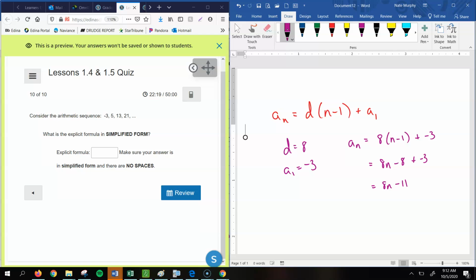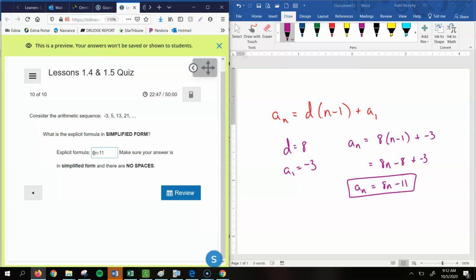Now, I apologize. This is the explicit formula. I forgot, when I was typing in this question, to have a sub n equals as part of the question there. So some of you guys wrote down answers like a sub n equals 8n minus 11, and it didn't fit. Okay, so then hopefully, a lot of people recognized that if I just do 8n minus 11, now it does fit.